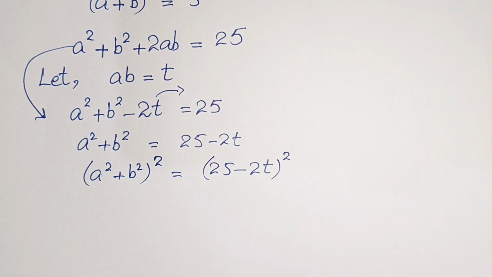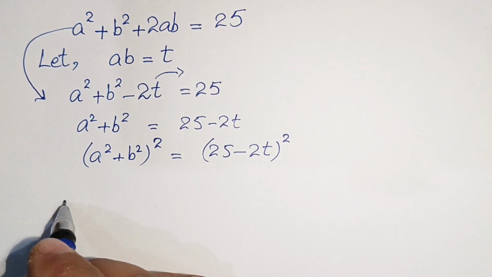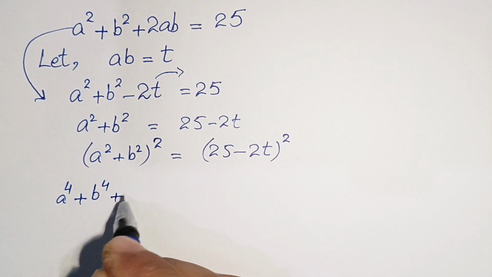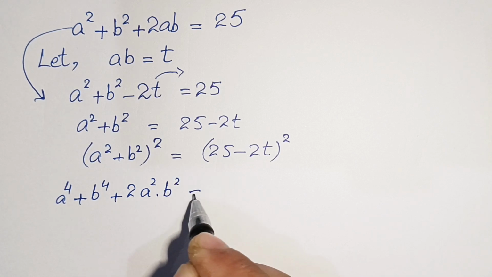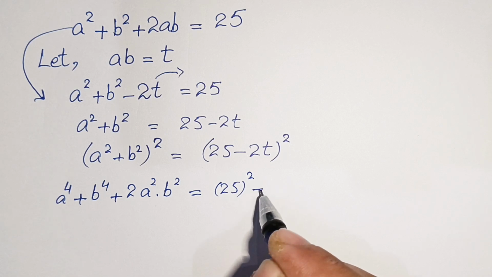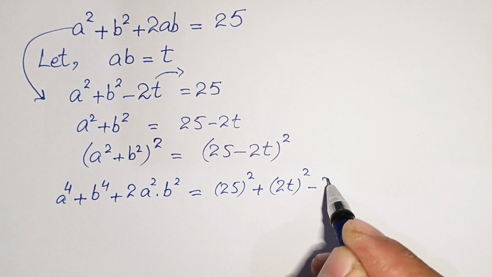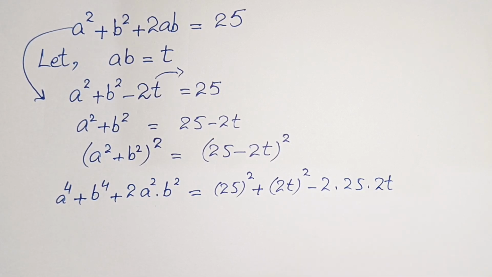Now expanding these two sides using algebraic formulas, we have a to the power 4 plus b to the power 4 plus 2 times a squared b squared is equal to 25 squared plus 2t whole squared minus 2 times 25 times 2t.